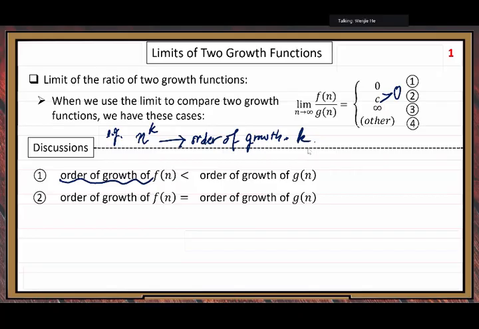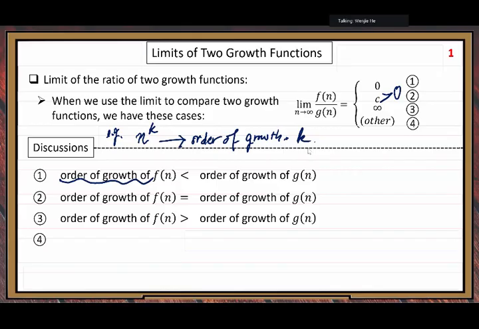So for this case number 2, these two functions have the same order of growth. Then case 3, the order of growth of the f function is greater than the order of growth of the g function.